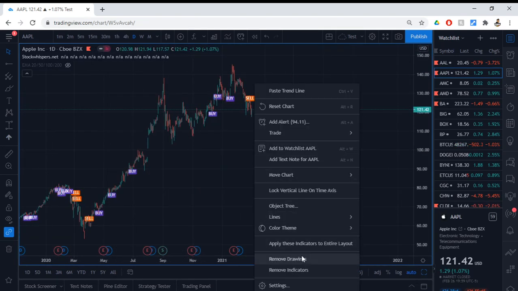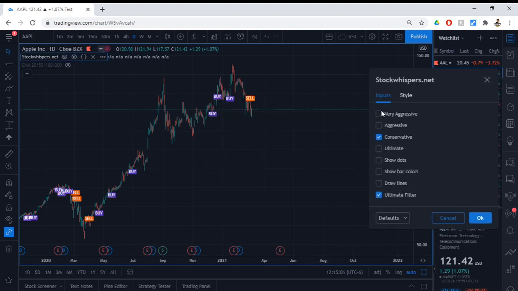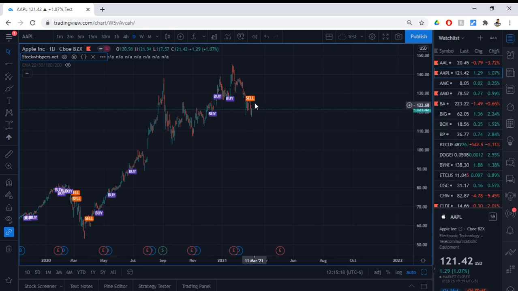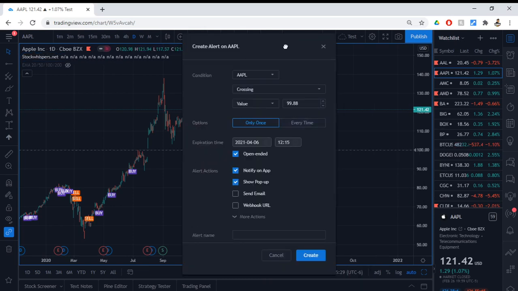So it's personal preference. This is what you have to do: go to the indicator and flip through the strategies and see which one is working, right? And now you're like, okay, I just got a sell signal here. Do I short here or do I wait for my next alert? You can set up an alert here, right?